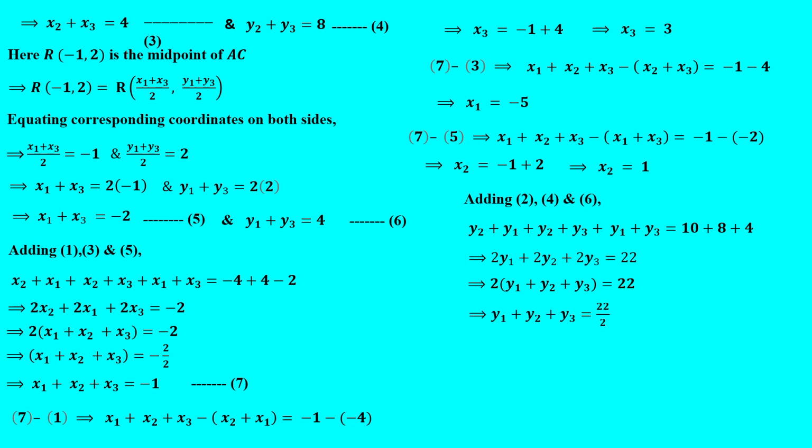Therefore y1 plus y2 plus y3 equal to 22 by 2, that is equal to 11, which is equation number 8. Now 8 minus 2, that implies y1 plus y2 plus y3 minus y2 plus y1 equal to 11 minus 10. So y2 plus y1 minus y2 plus y1 get cancelled. So you will get y3 equal to 11 minus 10, that is equal to 1.